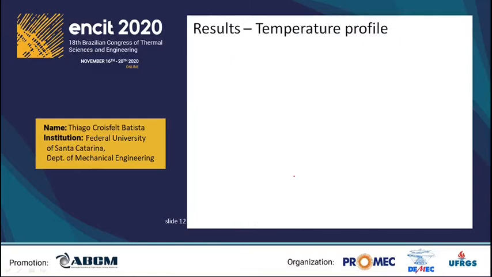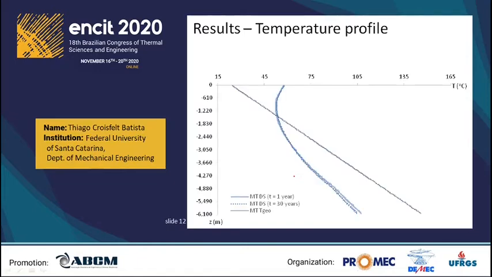About the temperature profile, just for information, here we have the natural rock temperature as function of depth, and here the annular flow temperature from injection down to the bottom hole temperature.